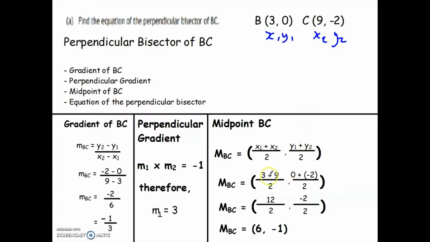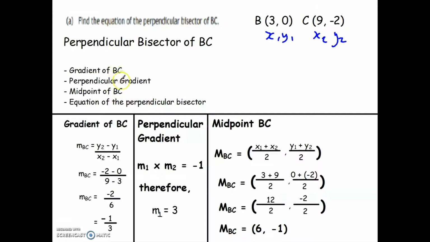Please make sure you're adding the x's and you're adding the y's. It's not that you're adding the two values that are in the same coordinate. You're adding the two x's and the two y's. That ends up giving you 12 over 2 and negative 2 over 2, giving you the midpoint as 6, negative 1.